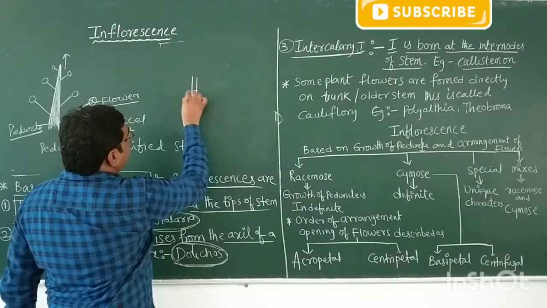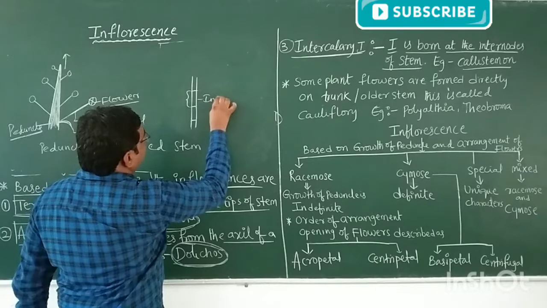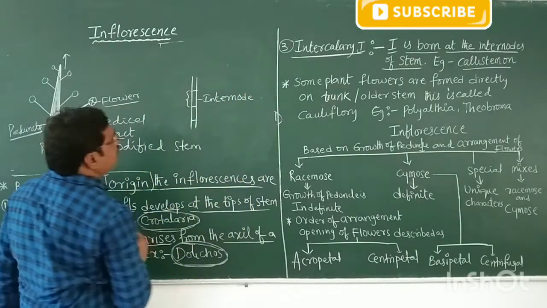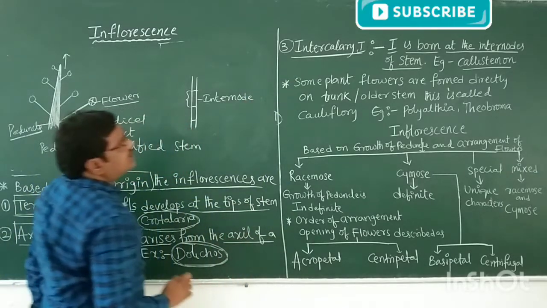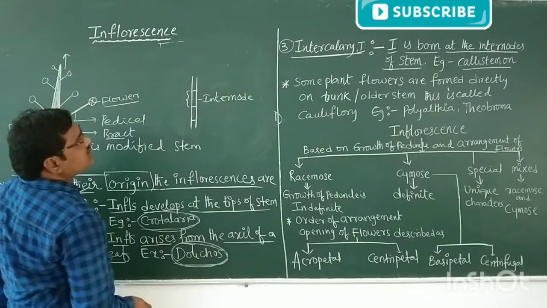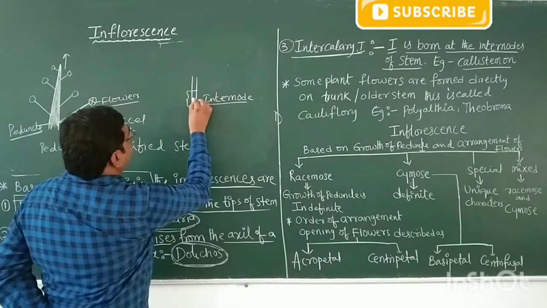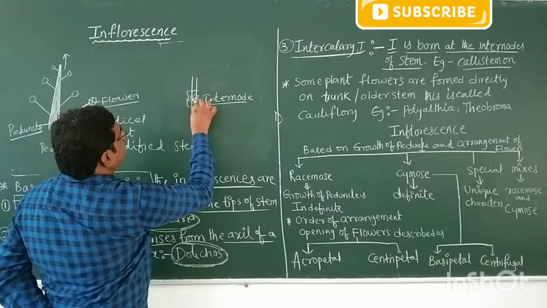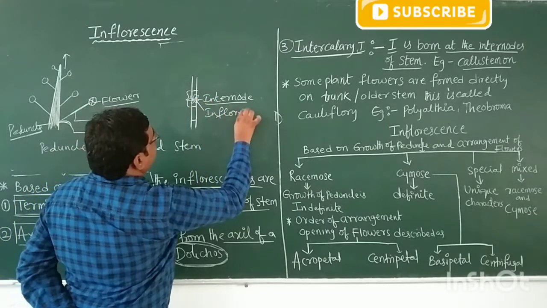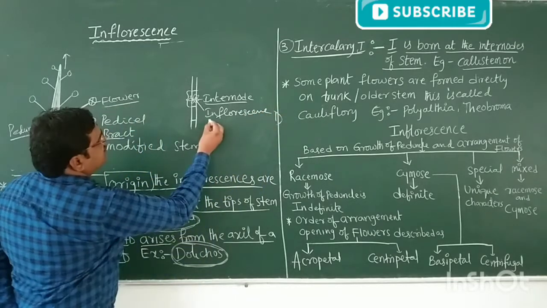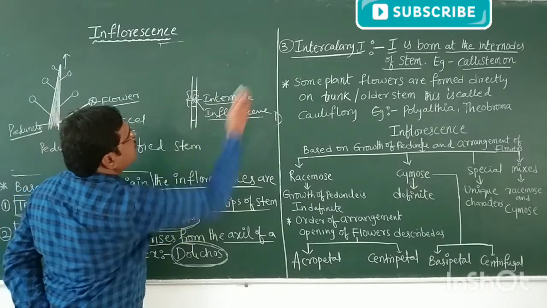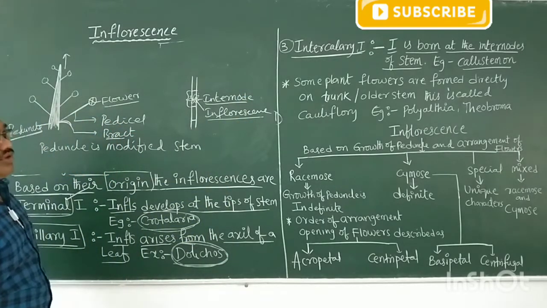In between these two nodes is the internode. The inflorescence is formed here, at the internode of the stem. This is called intercalary inflorescence.